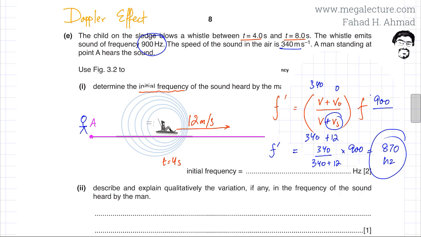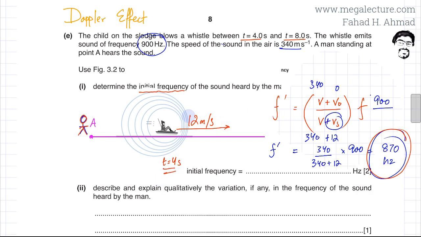Now the next part of the question is that we need to describe and explain qualitatively only the variation, if any, in the frequency of the sound heard by the man. Basically, they're asking what happens if the observer is standing over here. Initially we calculated that the frequency is decreasing, it's 870 hertz at t equal to 4 seconds.